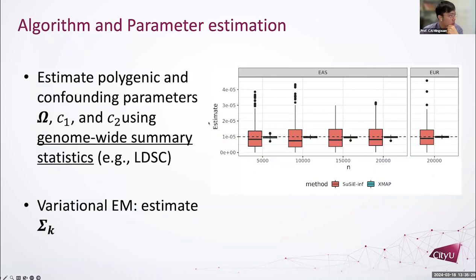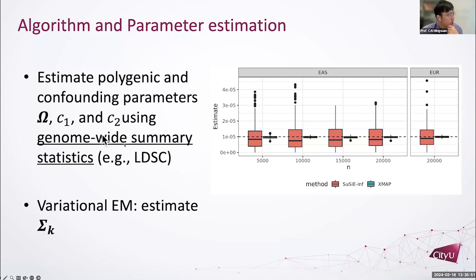So we first apply LD score regression to estimate omega, C1, and C2 with the genome-wide summary statistics. Then we fix these three parameters in the model and use a variational EM algorithm to estimate sigma K. In this way, we estimate all the model parameters, and then we can finally get the PIP value.